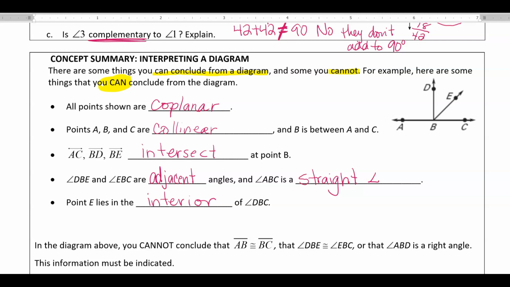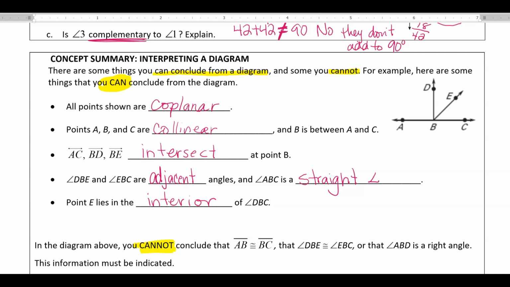Now, notice just some extra things here moving along. It says in the diagram above some things you cannot conclude. You cannot conclude that AB is congruent to BC. Now, why can't you conclude that? Because it looks like they are. It's simply because the tick marks aren't there or the verbal description's not there. So you have to be told that those are congruent.